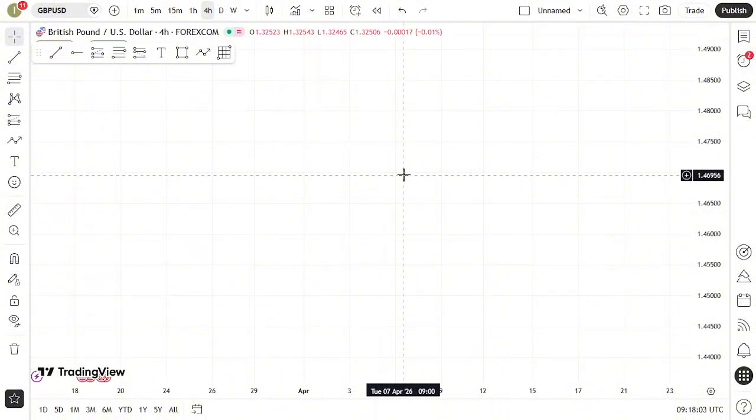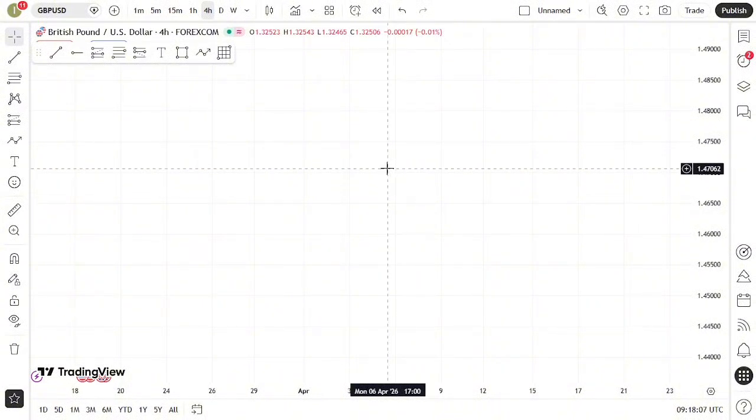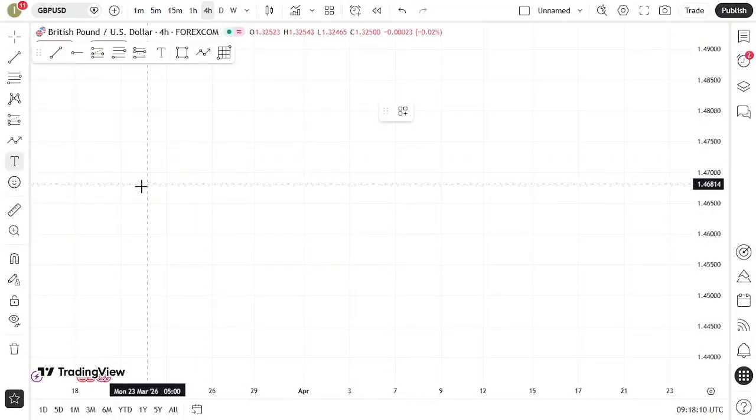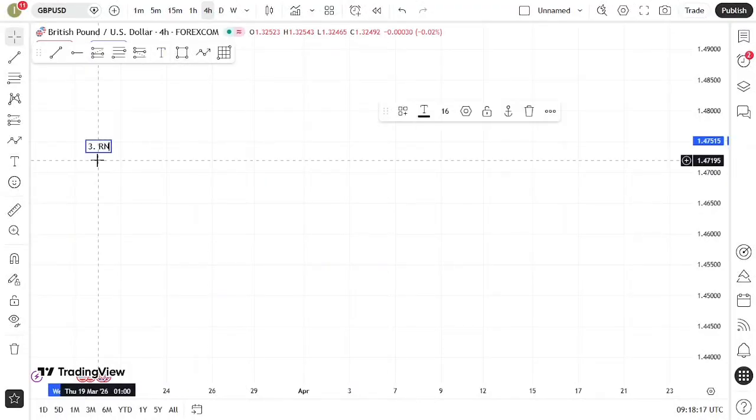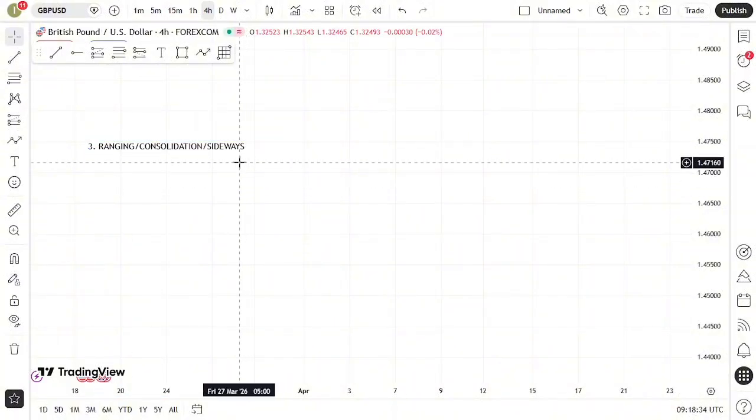Now the third market condition I am going to be talking about is called the sideways market, or your ranging market, or you also call it consolidation. Some people call it sideways, because the market is neither moving up nor moving down.